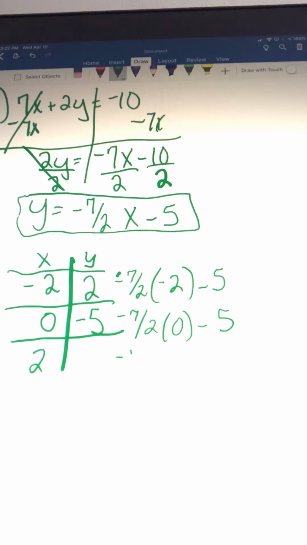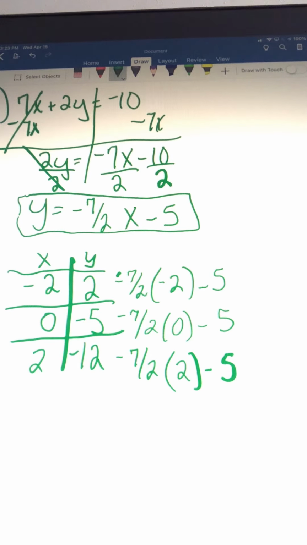Last, negative 7 halves times a positive 2 minus 5. Negative 7 halves times 2. Negative 7 times 2 is negative 14. Divided by 2 is negative 7. Negative 7 minus 5 gives me a y value of negative 12.